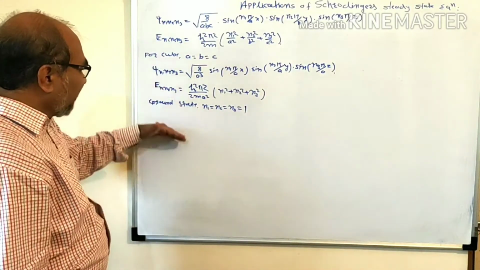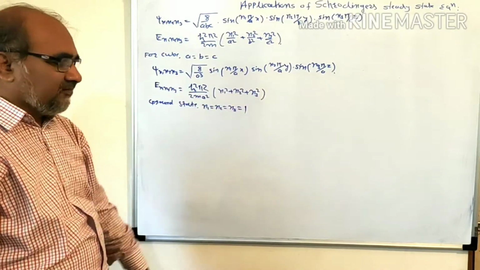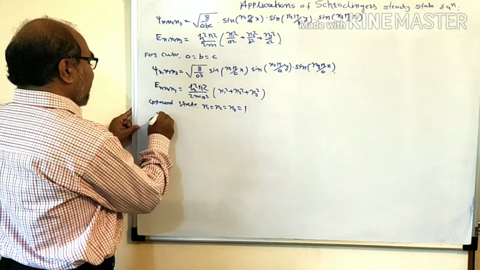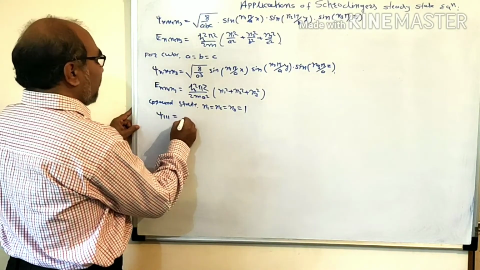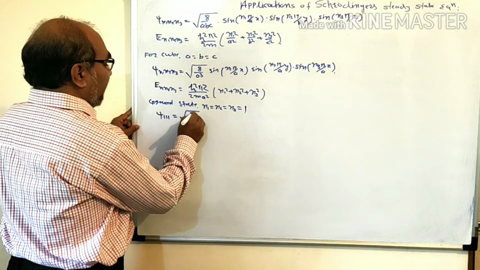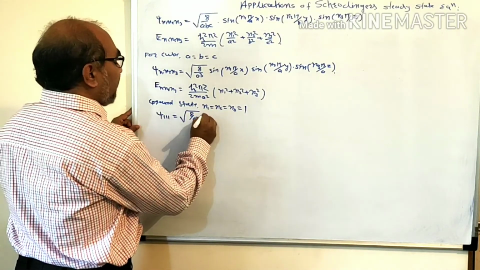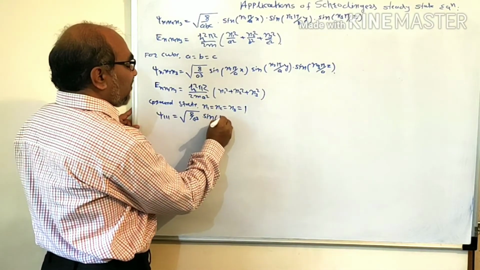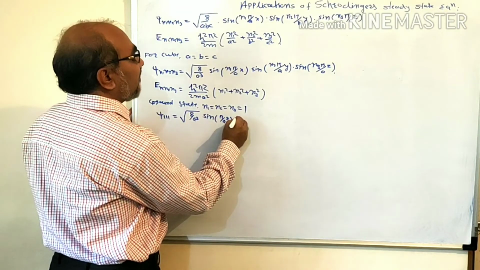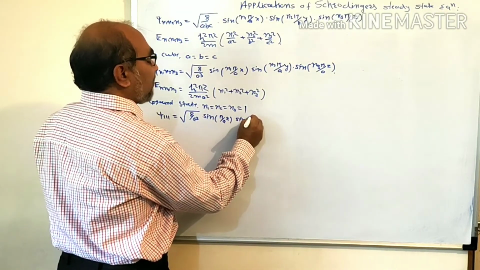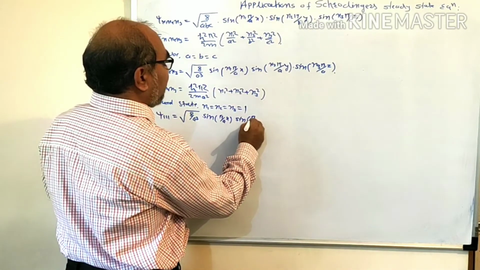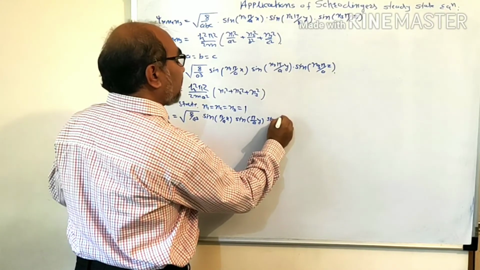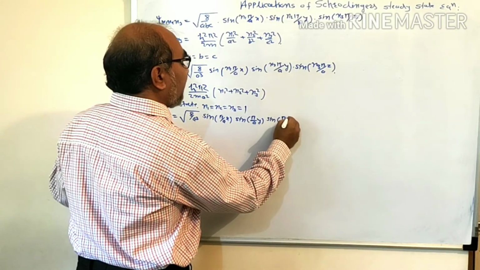And for that, writing these two equations first, for the ground state, psi 1 1 1 is equal to root 8 by a cube as it is, into sine of n1 is 1, so pi by a x, sine n2 is 1, pi by a y, sine n3 is 1, pi by a z.